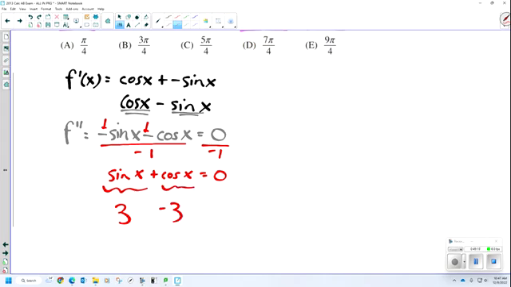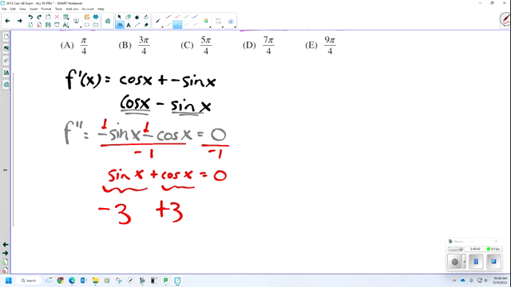If this one was -3, wouldn't this one have to be a 3 but positive in order to equal 0 when I combine them? They would, friends. You must know your basic details and information about trigonometry. The only time sine and cosine are the same is when it is 45 degrees.